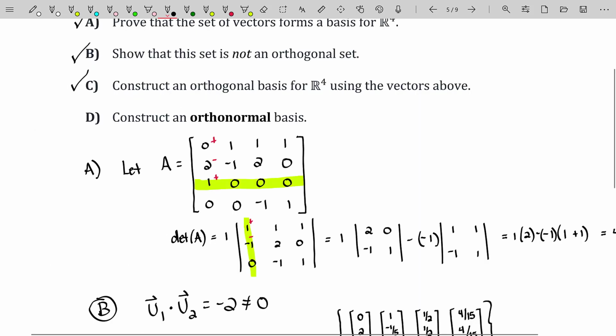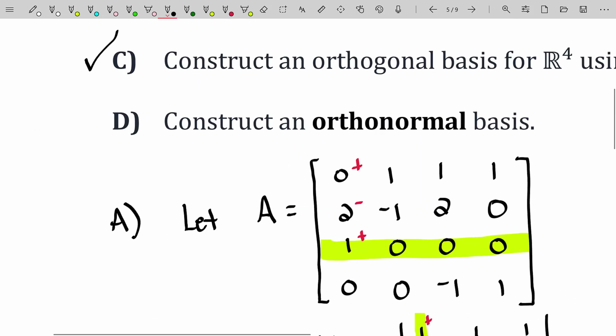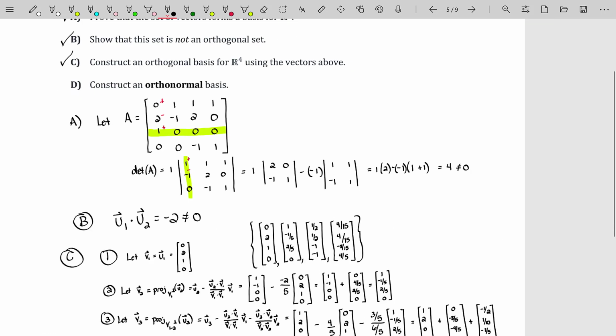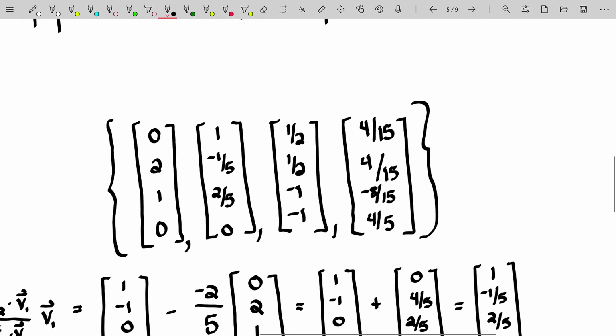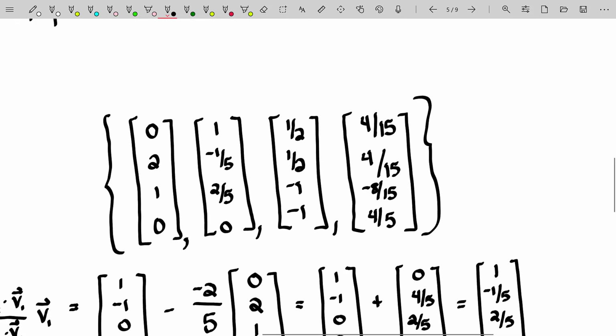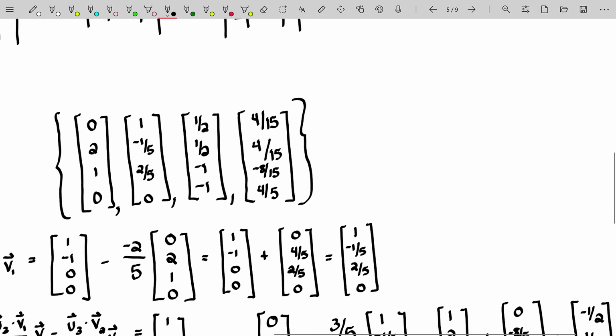The last part asks us to construct an orthonormal basis. Well, that just means normalize these vectors. So that would just require us to divide each vector by the norm of that vector. I'm going to go ahead and quickly write down the norms of the vectors above, and then I'll divide each vector by their norms.